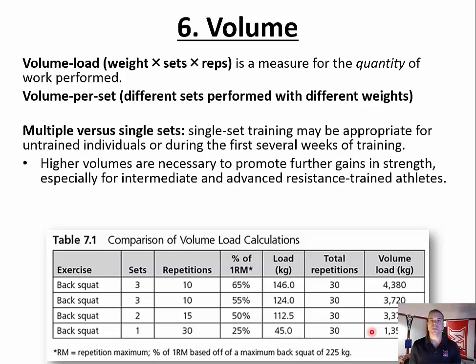Another way we can manipulate volume is by performing multiple versus single sets. Now, if you're beginning with an athlete who has an early or low training status, so an untrained individual, then single set training may be more appropriate. Or an individual who's coming off a long rest period, this may be appropriate using single set training during the first several weeks of getting back to training.